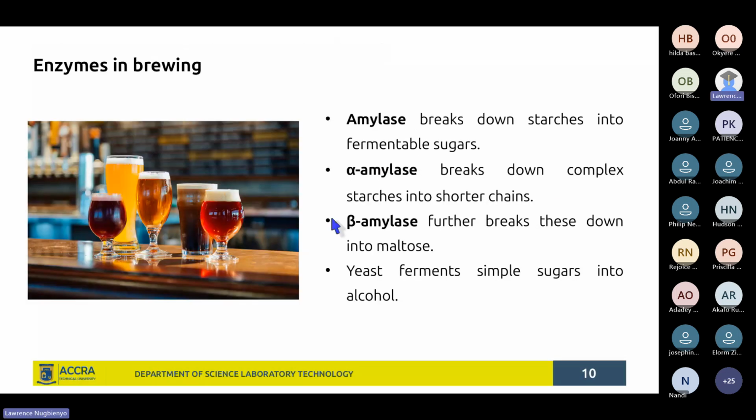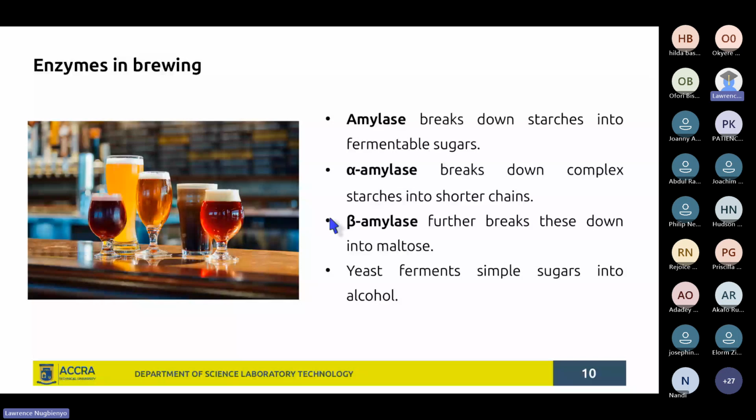Now we move on to the brewery industry, where you have amylases that act on carbohydrates. So in a brewery, what is done? In a brewery, carbohydrates are taken from different sources. In some, these carbohydrates come from cereals.